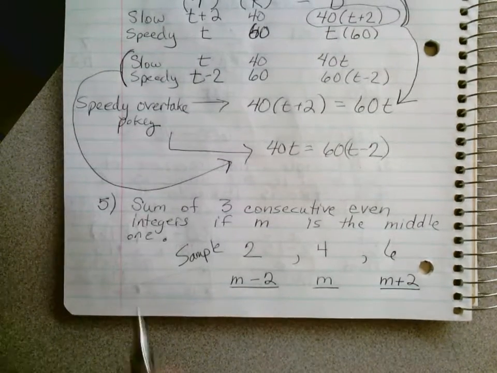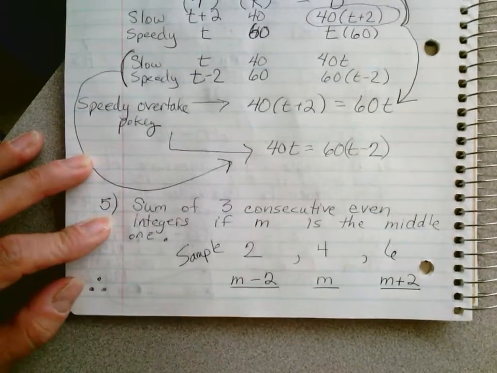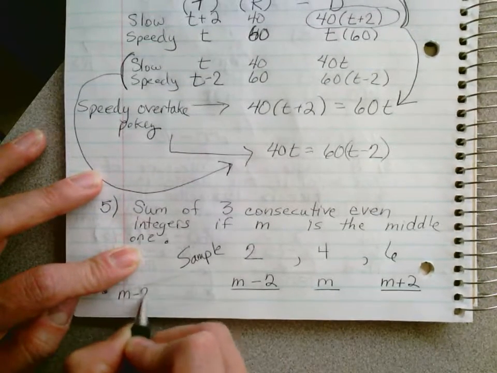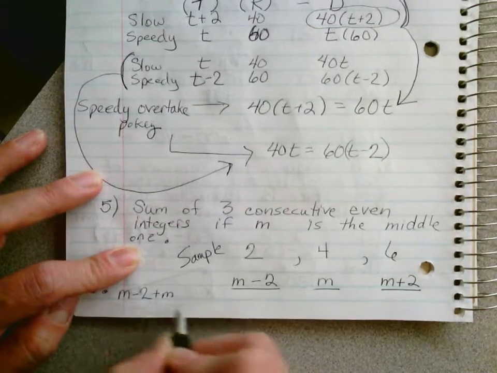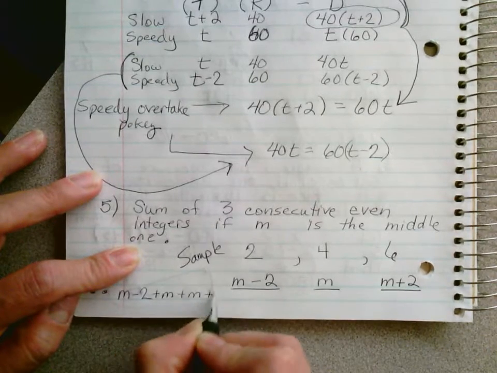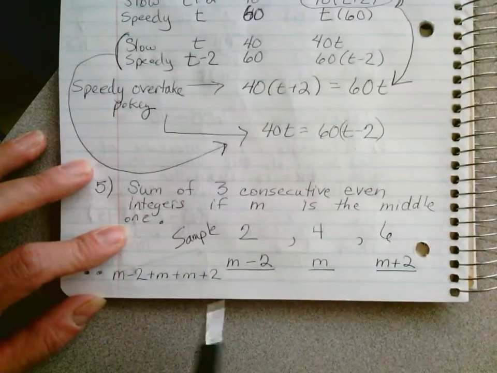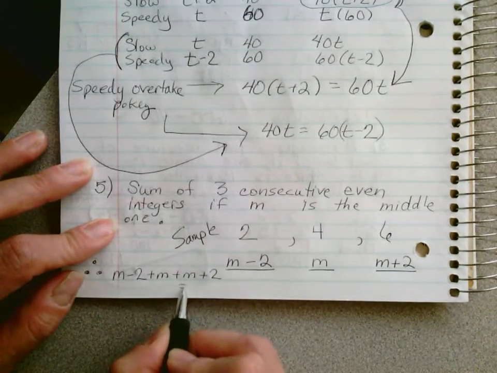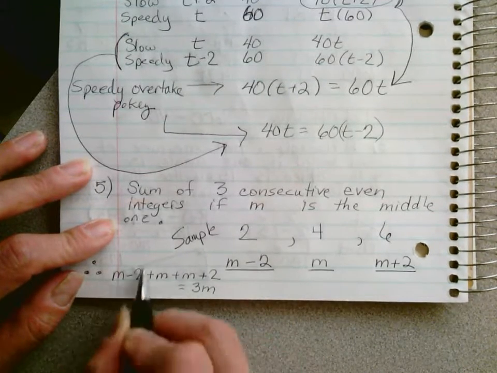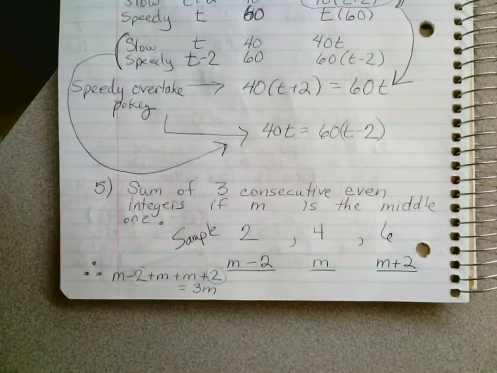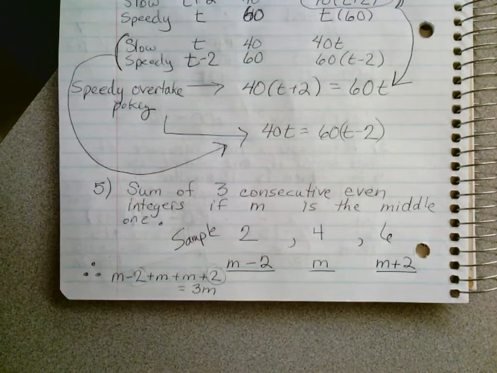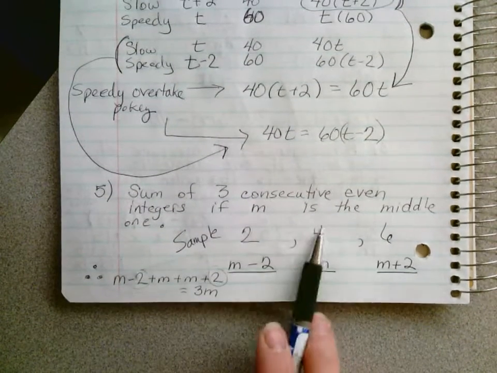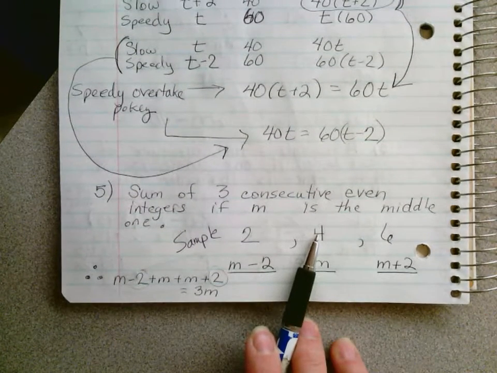They want the sum of these 3 things. Therefore, the sum is m minus 2 plus m plus m plus 2. Simplifying it is going to be what? 3m, right? The 2's cancel each other. 3m. And is that correct? 3m, m is 4. 4 times 3 is 12, right?